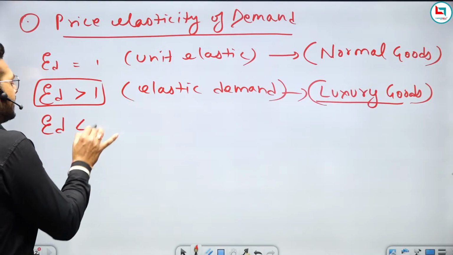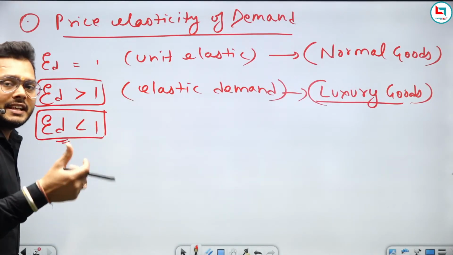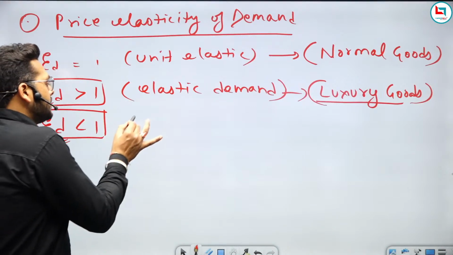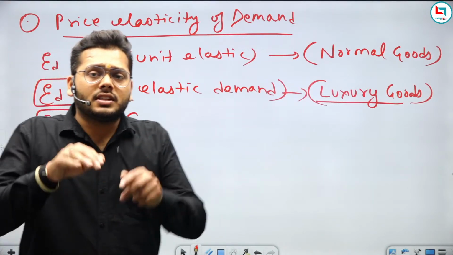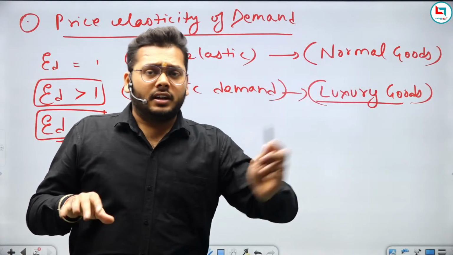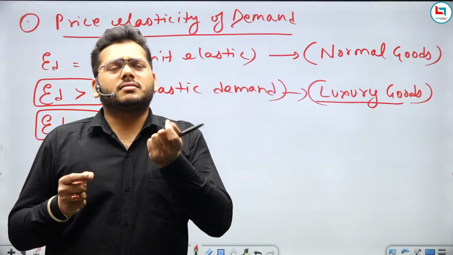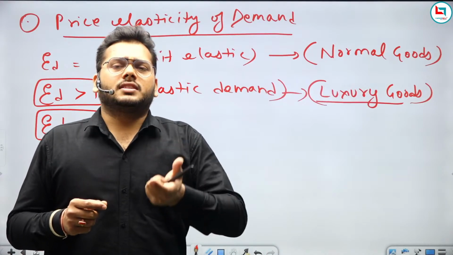Now the third one is ED less than 1. What do you mean by ED less than 1? It means that in respect of change in price, demand is not changing that much. The change in demand is only a little.